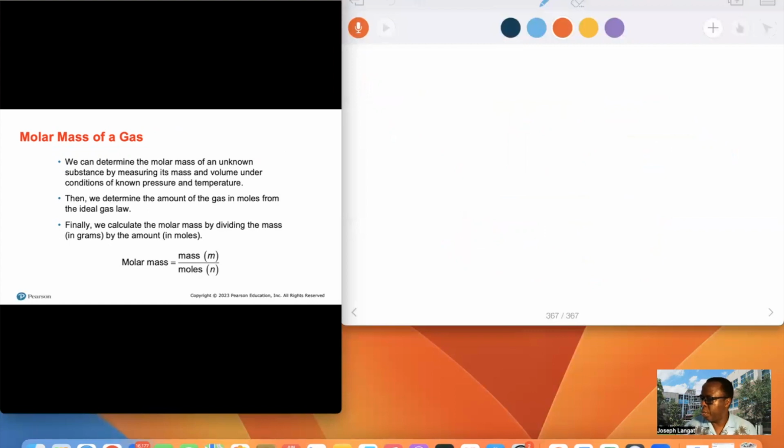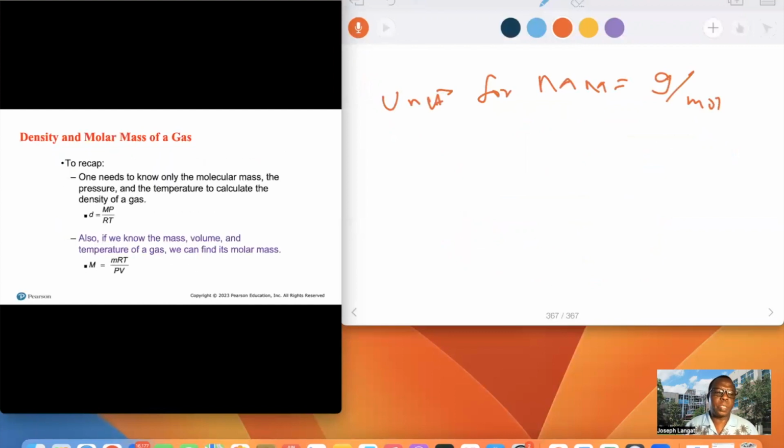And remember, the units for molar mass are grams per mole.